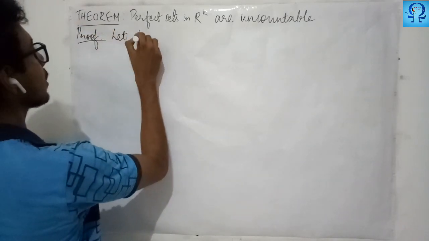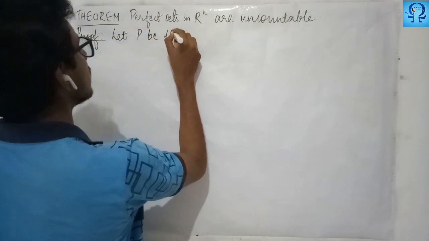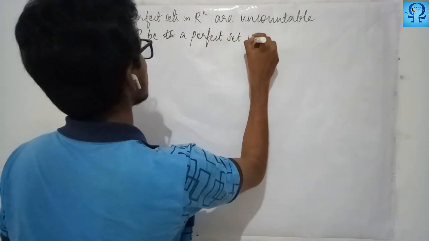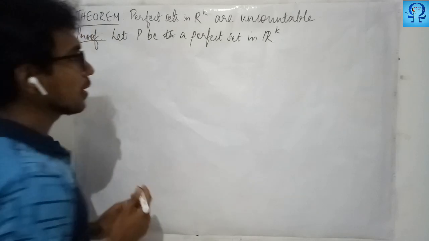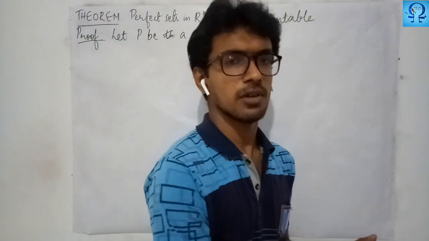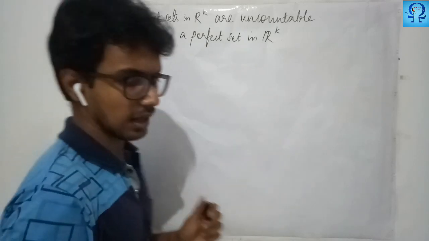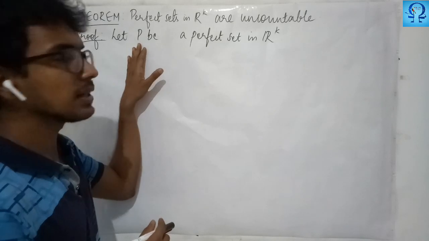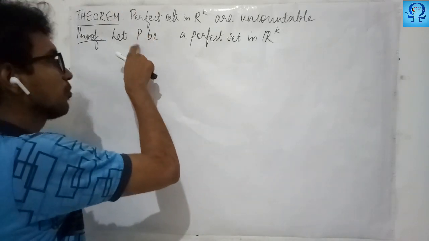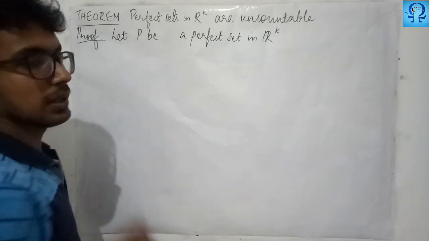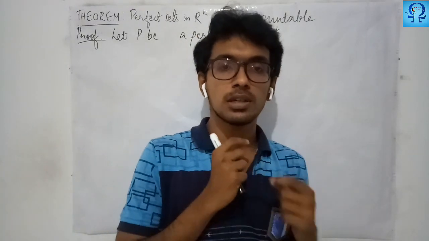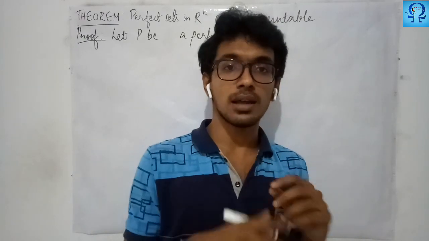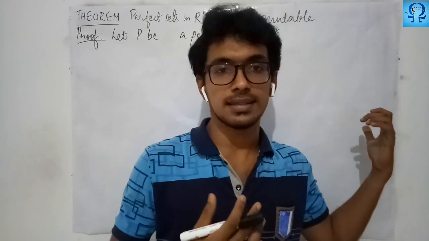Here let me take P to be a perfect set in Rk. That means P is closed as well as every point of P is a limit point of P. Whenever we talk about a limit point, the neighborhood of the limit point is going to contain infinitely many points of the set.